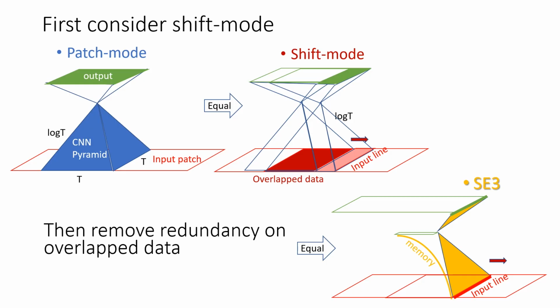To reduce such redundancy, we developed the SE3 network. Eventually, it only works on the final lines, but it computes the network with the previously computed latent variables, so that it keeps the globalness and at the same time reduces the memory very much.